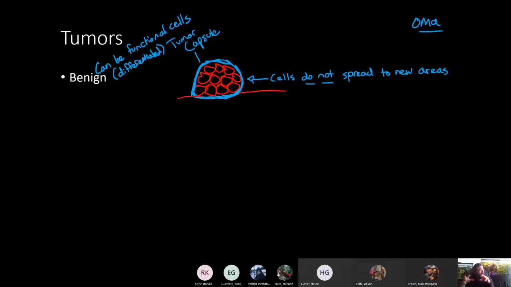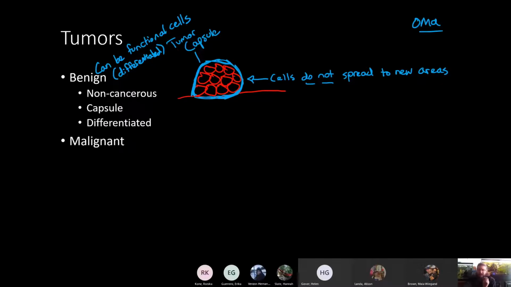So his brain didn't make enough ATP, and he had a big seizure, and he died, which is a sad story to mention how those were differentiated cells. Those were cells that were actively making insulin. So benign tumors can be functional. They can be differentiated. This is to contrast with cancerous tumors, malignant tumors.